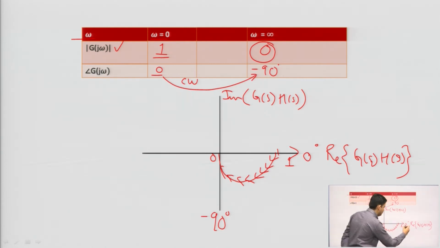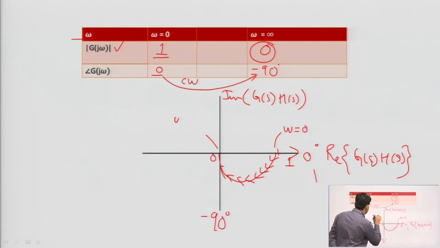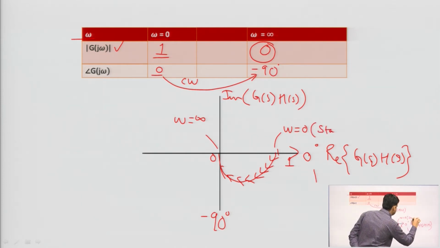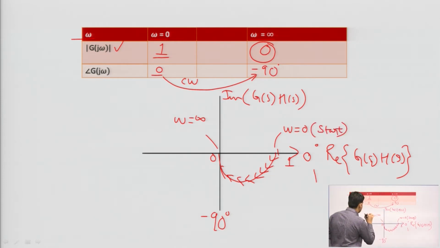So, for type 0, here my omega is 0 and here my omega is infinity. This is my start point and this is my end point. This thing we have to remember, right.